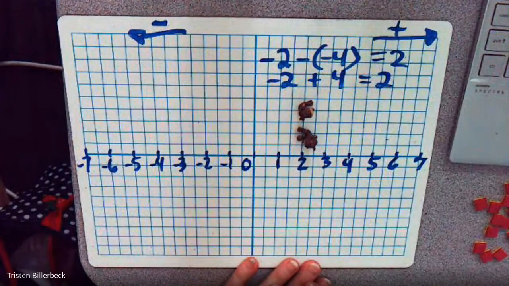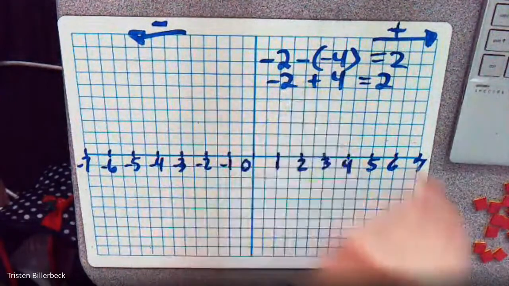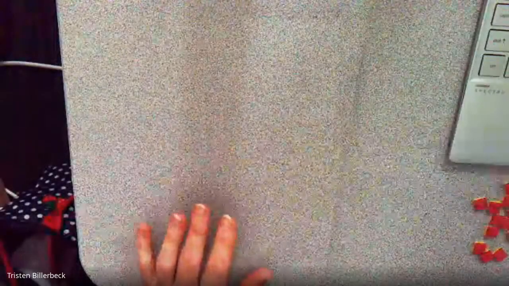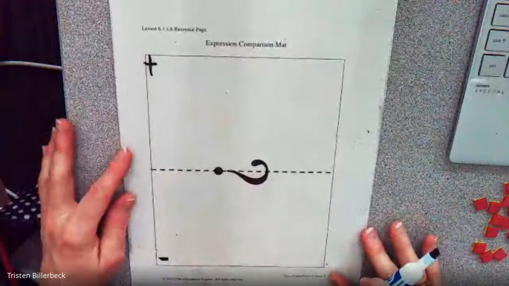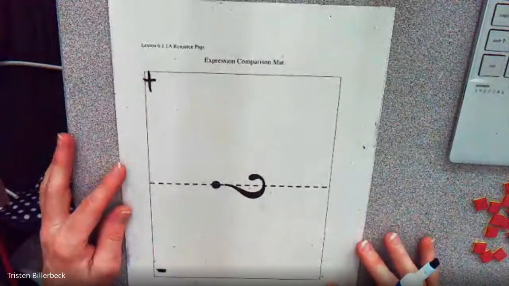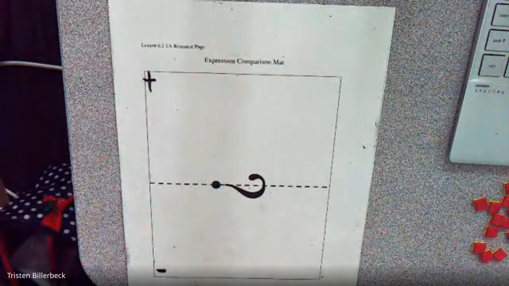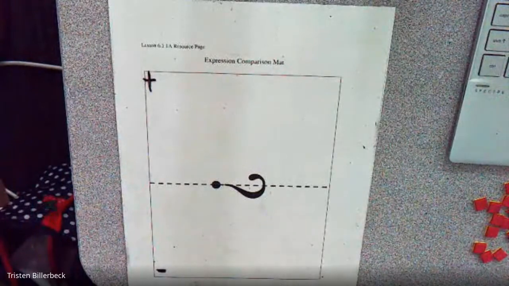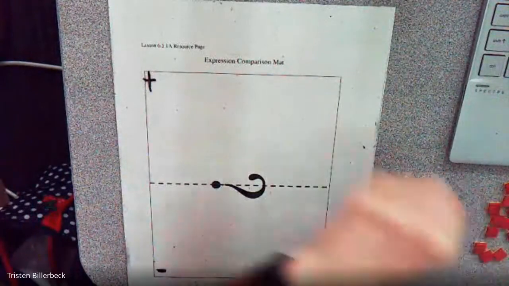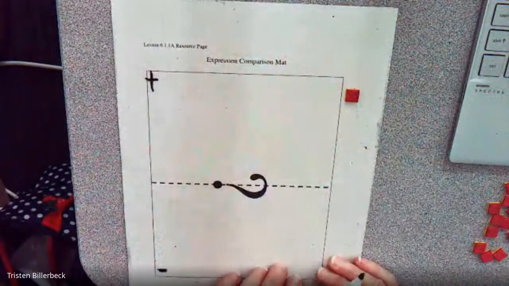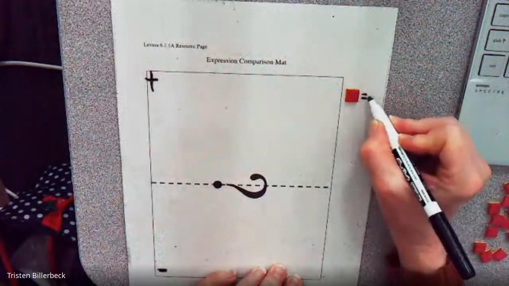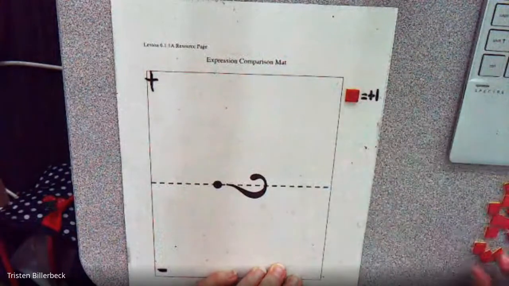All right, so let's try a different way of looking at integers. Let's use an expression map. First we're going to look at, what do these tiles mean? So I've got one tile here. We're going to say this tile equals +1.